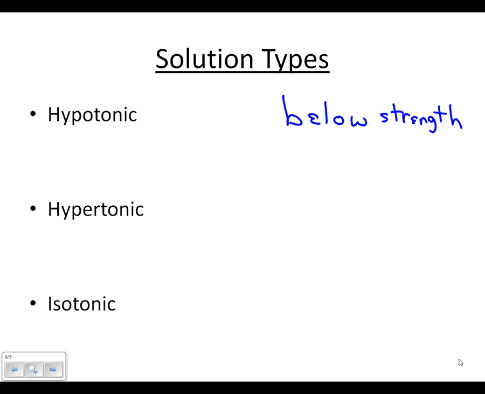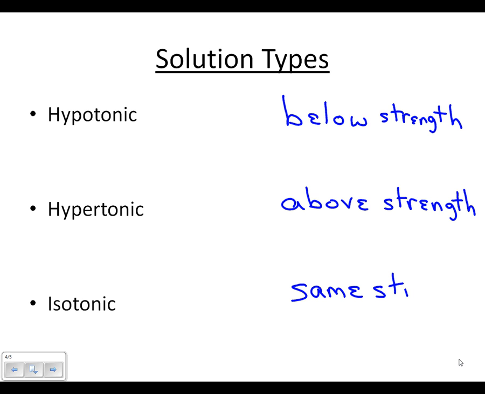Hypertonic would be above strength. And isotonic is going to be the same. Remember, iso means same. So same strength. So if we think in terms of our solutions, hypotonic, water moves into the cell.